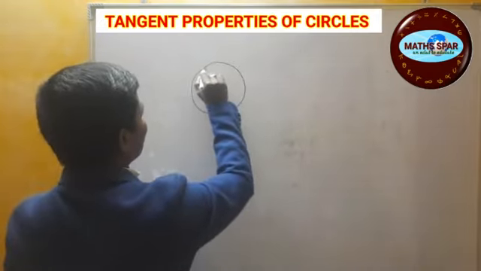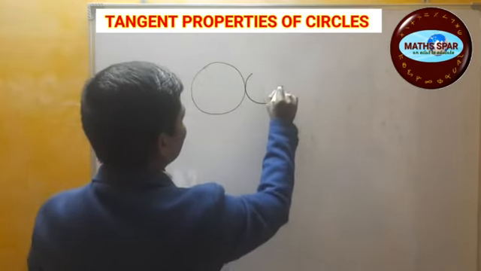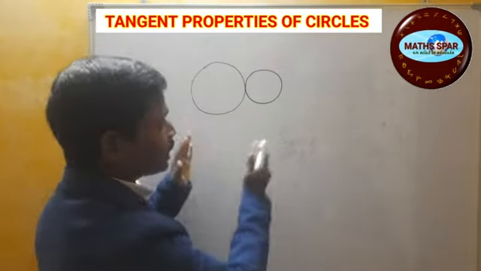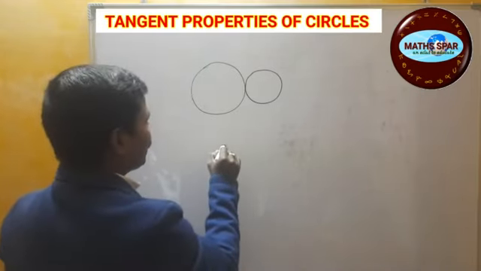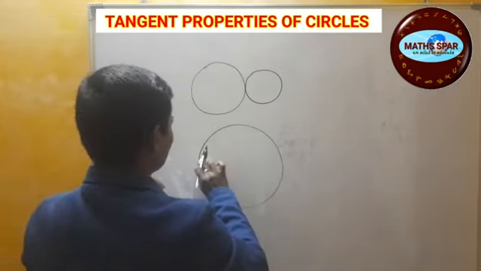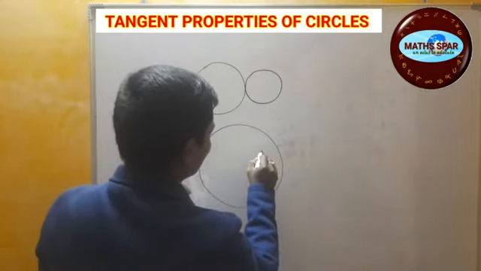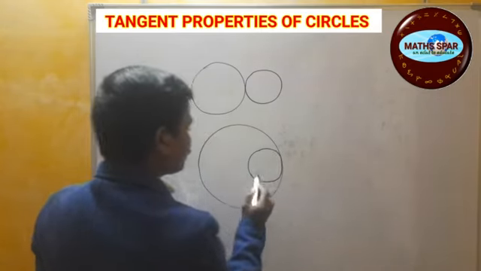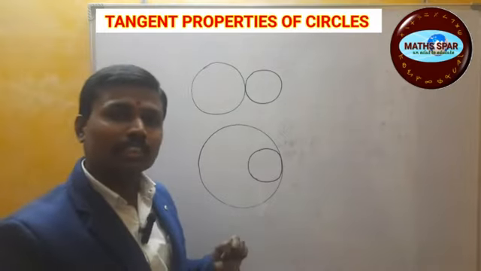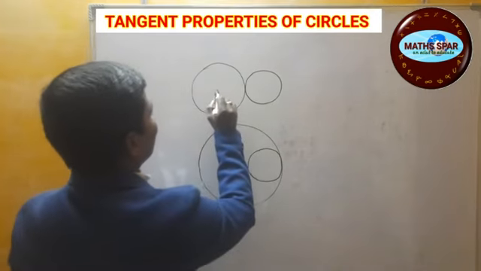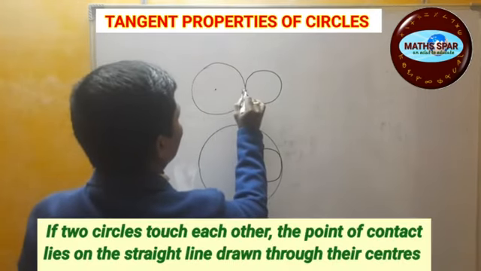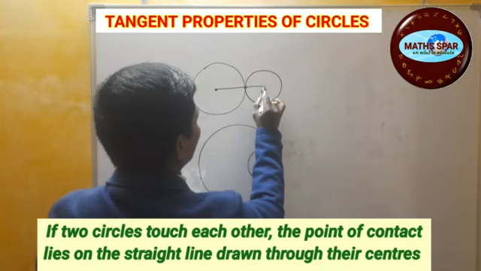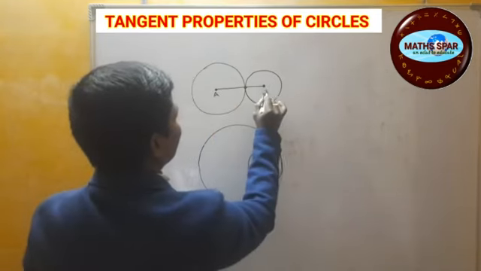First, two circles touch each other externally, and the other, two circles touching each other internally. Now, the point of contact is this and lies on the straight line drawn through their centers.